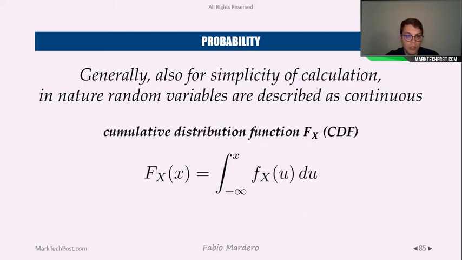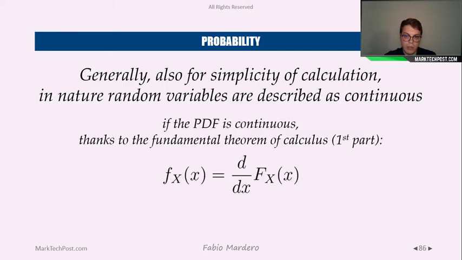But we can also define the cumulative distribution function, which is computed as a Lebesgue integral from minus infinity to x, where x is our variable, and the function is the PDF. As you can see, this is a particular function that we already saw in the previous course when talking about the fundamental theorem of integral calculus.